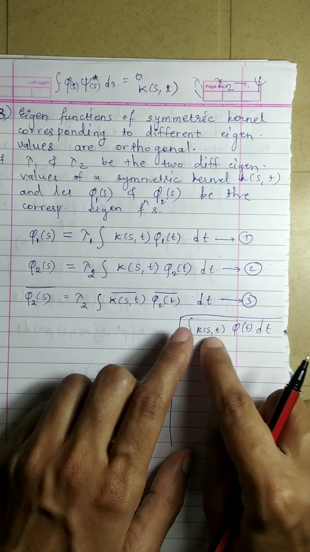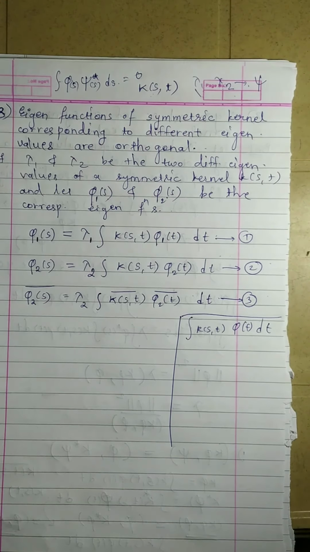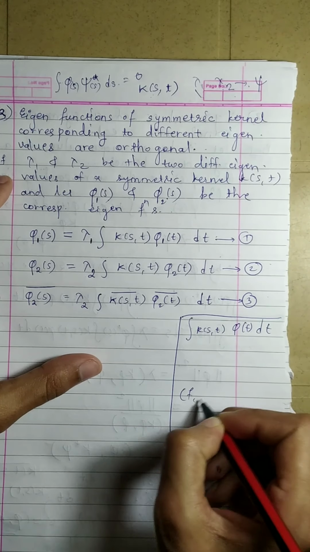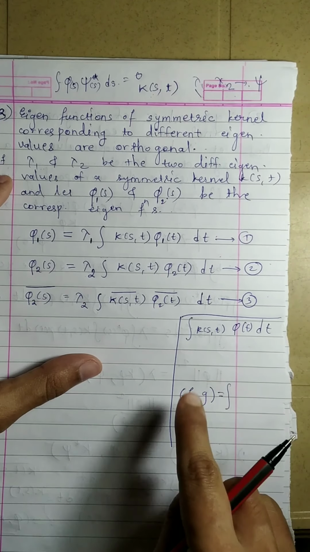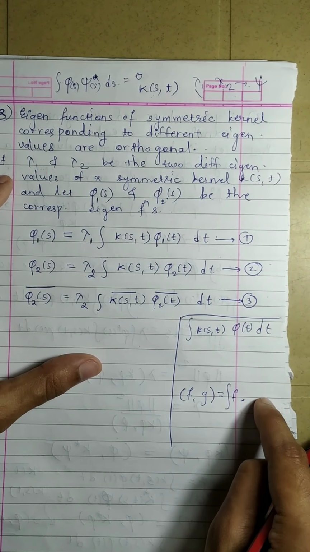it's the inner product of this term and this term. What is the definition of inner product? Suppose f and g, then how have we defined the inner product? It is the integral of this function as it is, into the complex conjugate of the second function.